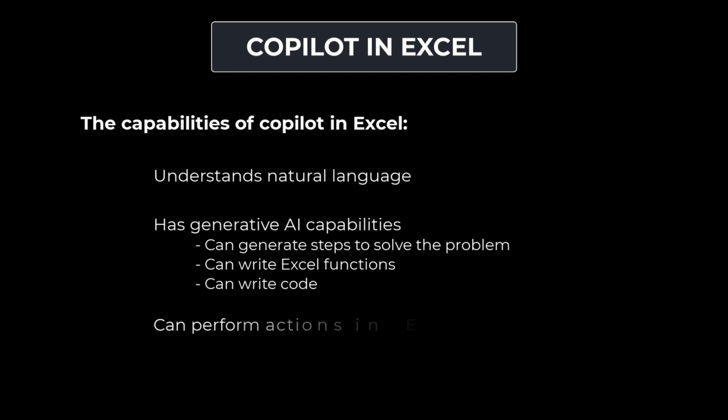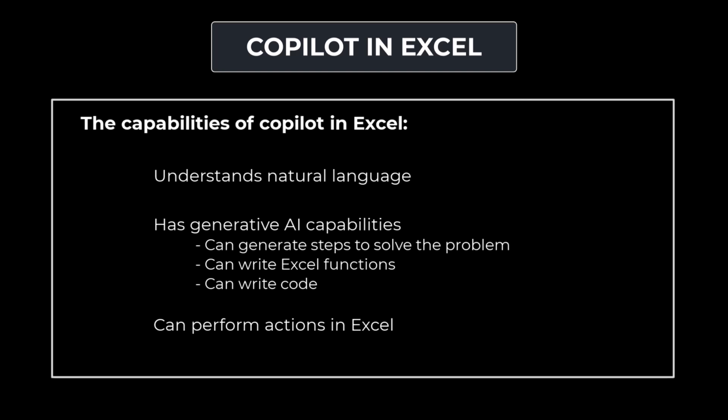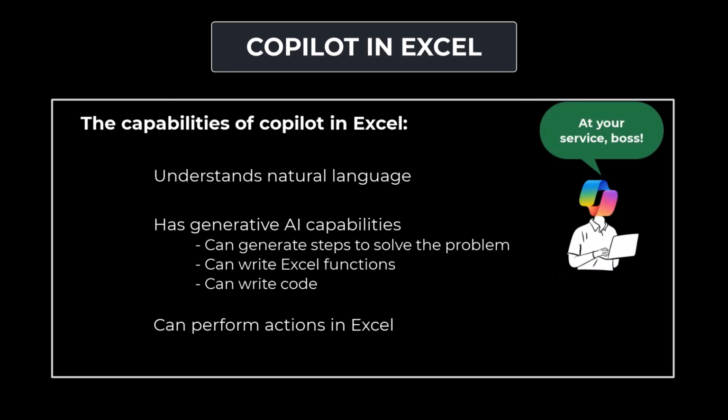And lastly, it is able to perform actions in Excel, such as inserting a new column with the required formula, or inserting pivot tables, charts, etc. These three abilities combined make Copilot an excellent assistant in Excel.